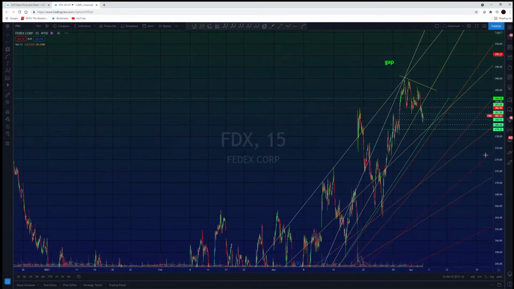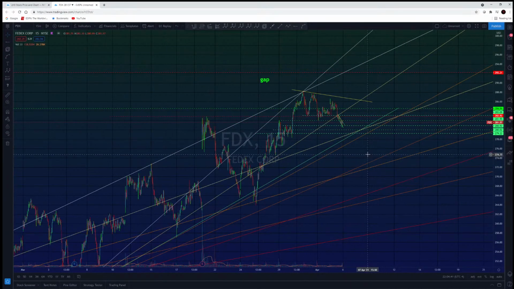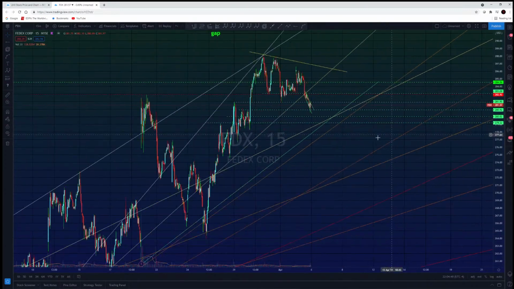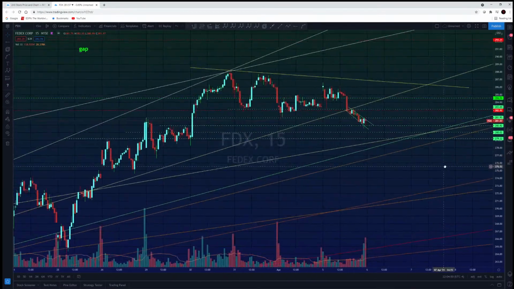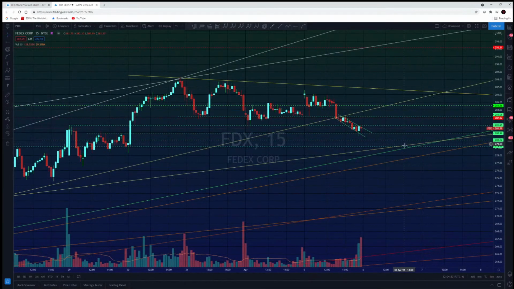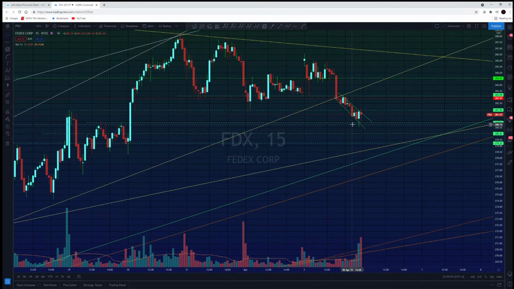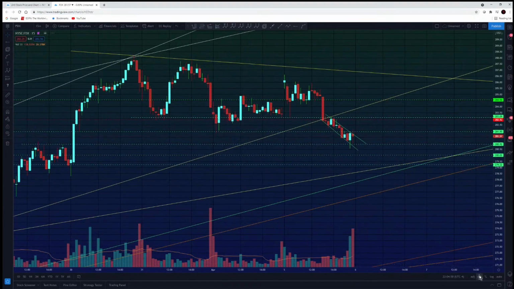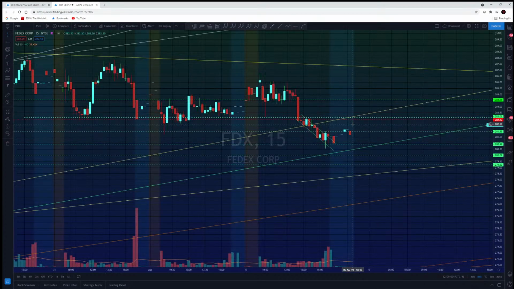So FedEx is one that broke the uptrend support, and so it basically went into a falling flag. So what we're looking for tomorrow is this 280.92 to hold, and I saw that it was up after hours here. Let me just confirm that. So yeah, at end of day at 282.50.